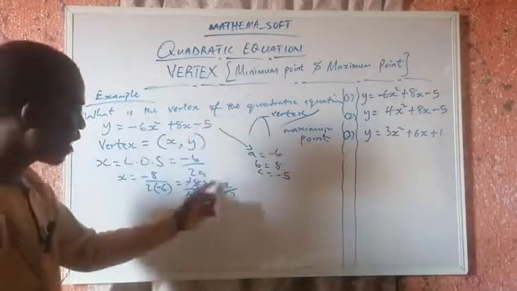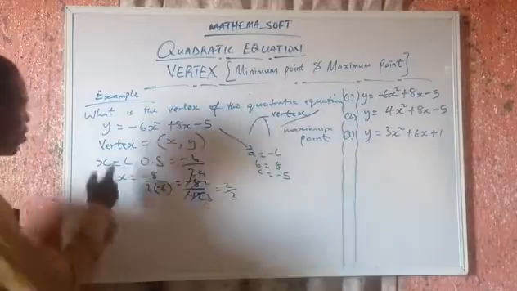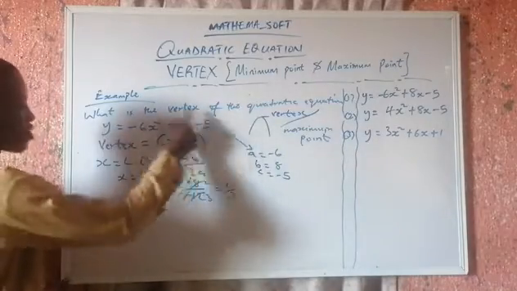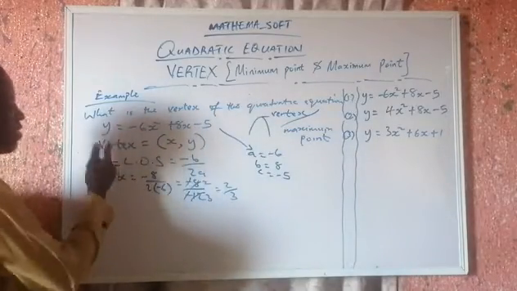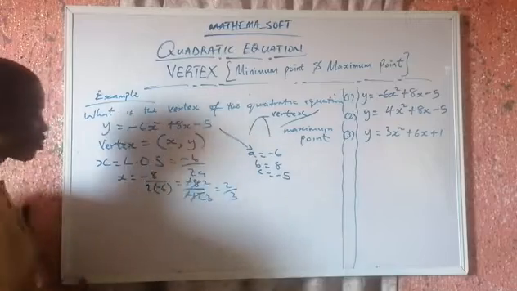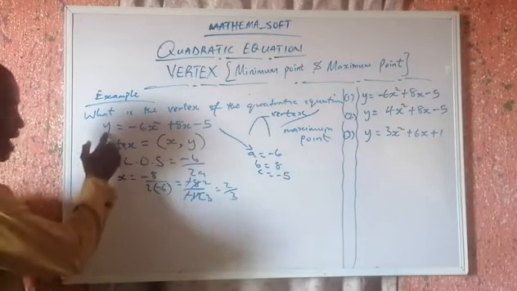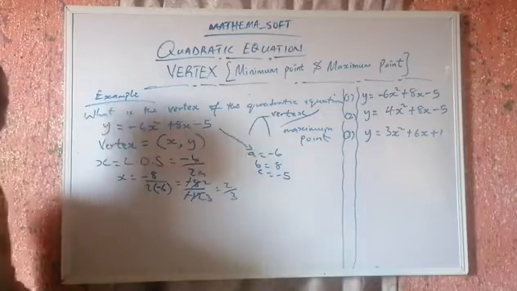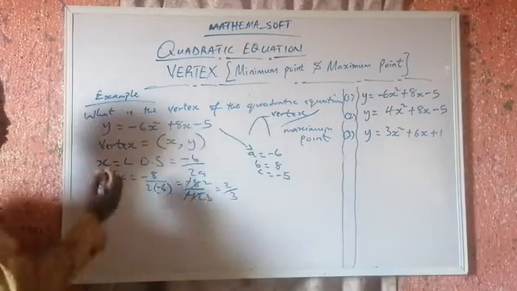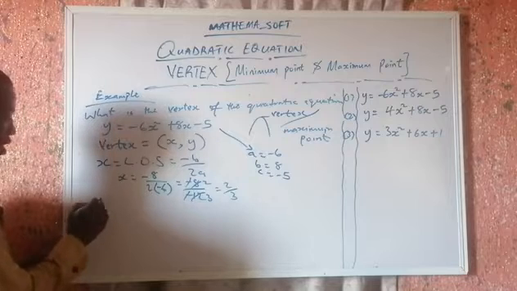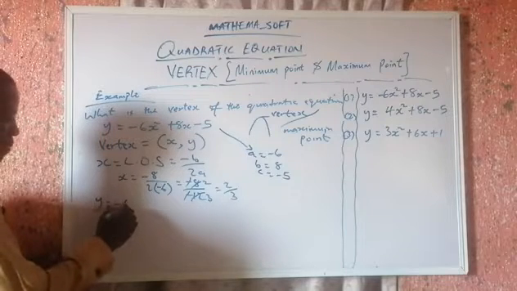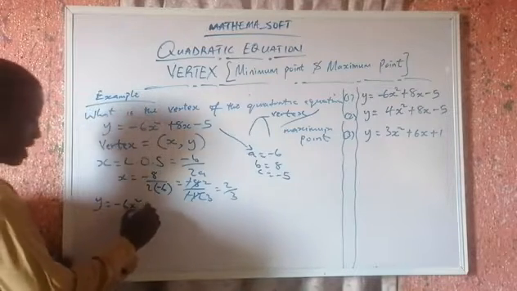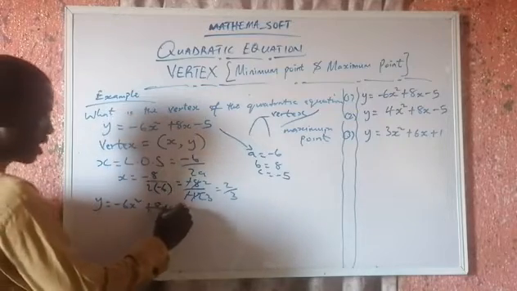Now that we have our x coordinate, and we know that this entire equation is for y, y is equal to all this. So the value of y where x is equal to 2 over 3 will give us the y coordinate. So for us to find our y, we can say that y equals minus 6x squared plus 8x minus 5.